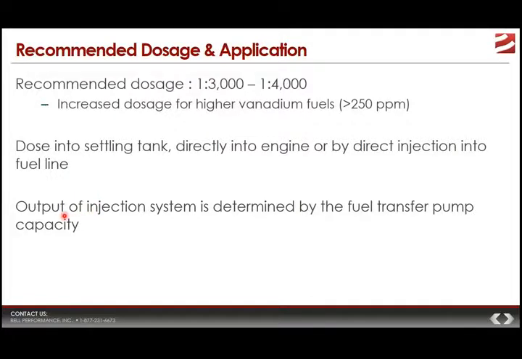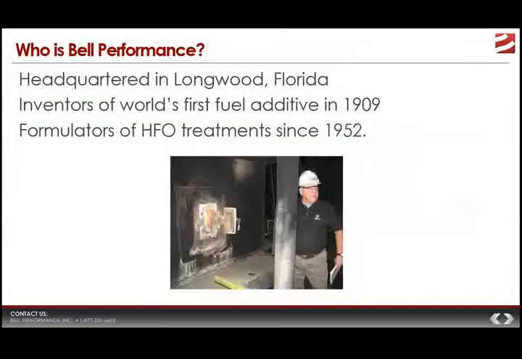The output of their injection system is determined by the fuel transfer pump capacity. Basically, the metering system is integrated so that it's able to vary the injection of the ATX relative to how much fuel is being used at any amount of time. So, all basic stuff. There's nothing too complicated.